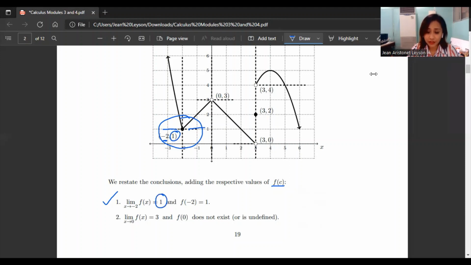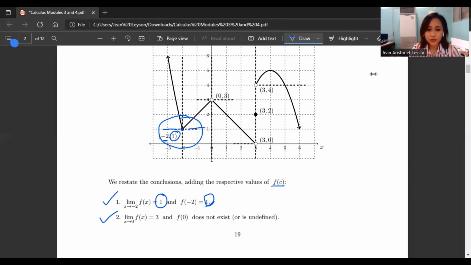And at f of -2, this point right here, you can see that the value of the function is still 1, meaning they are equal.